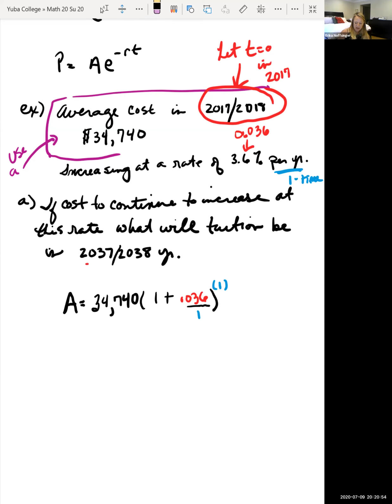So in 2037, we need to figure out how many years. So t is equal to, well, 2037 minus 2017, so we get 20 years. This is all times 20 up here.